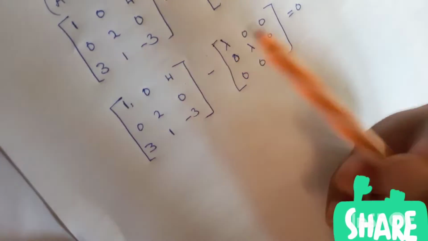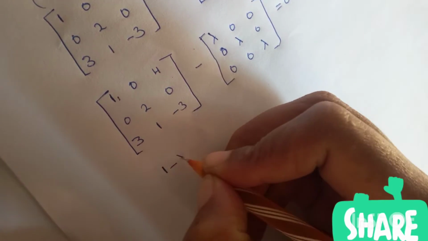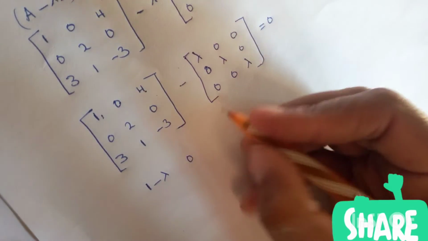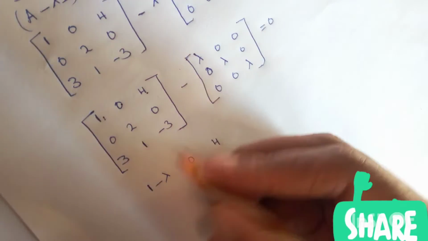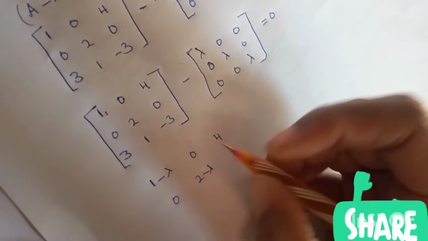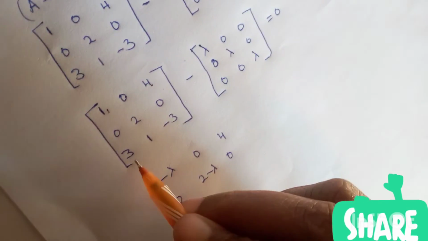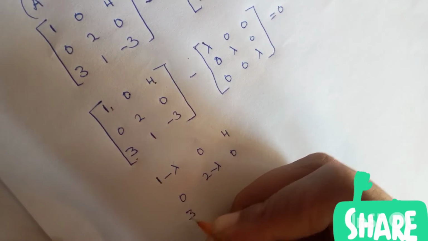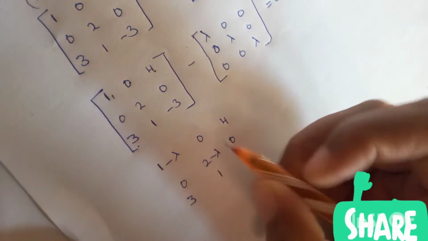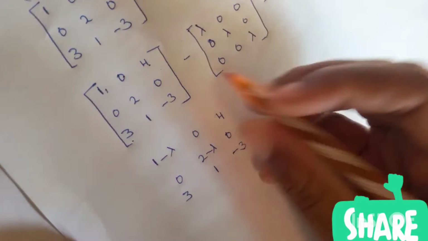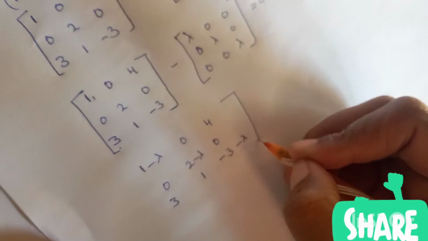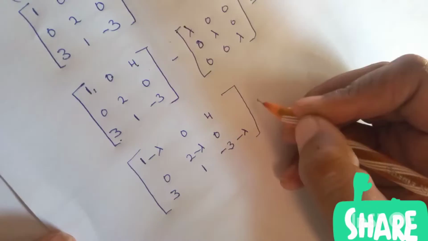So 1 minus alpha, we are going to have 1 minus alpha. 0 minus 0 is 0. 4 minus 0 is 4. 0 minus 0 is 0. 2 minus alpha. 0 minus 0 is 0. 3 minus 0 is 3. 1 minus 0 is 1, and minus 3 minus alpha, equals 0.